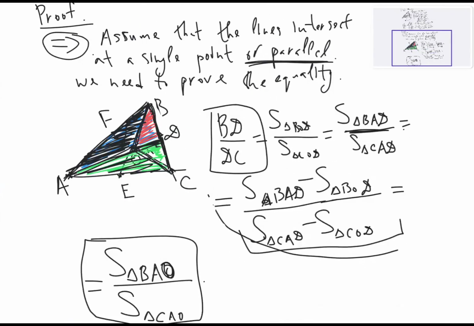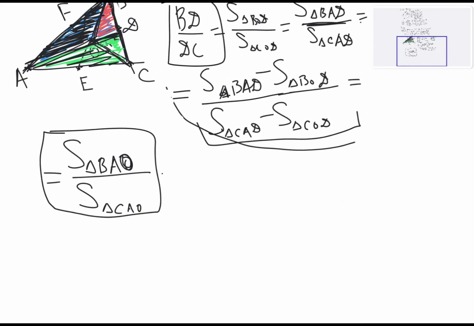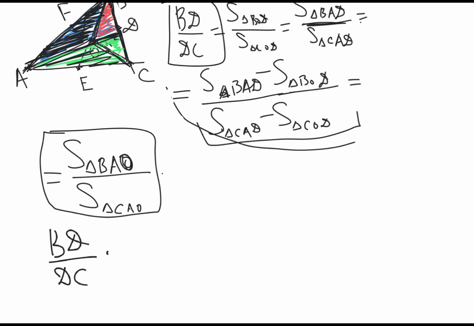So let's rewrite it: BD over DC multiplied by CE over EA multiplied by AF over FB.